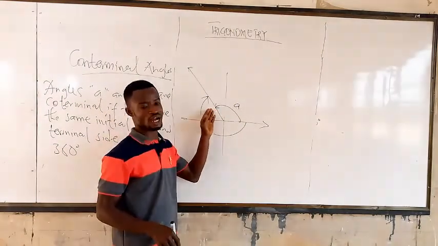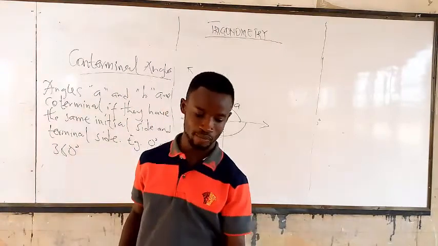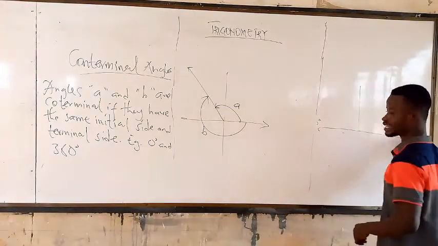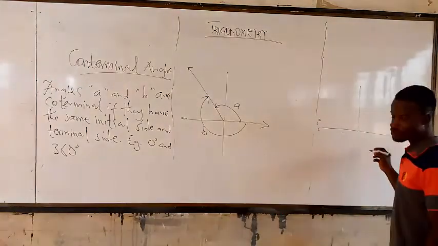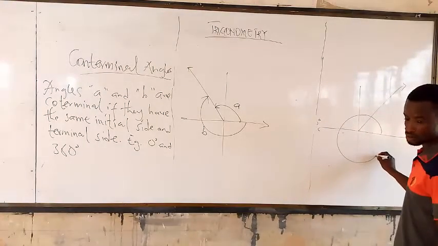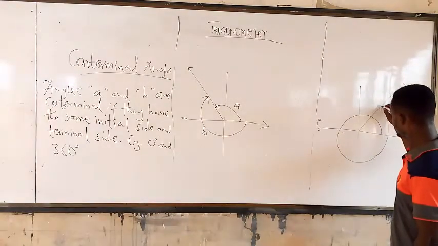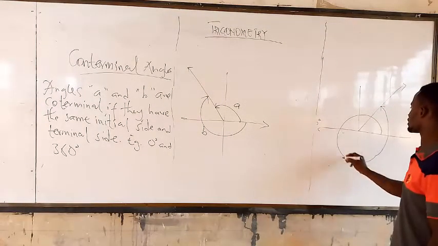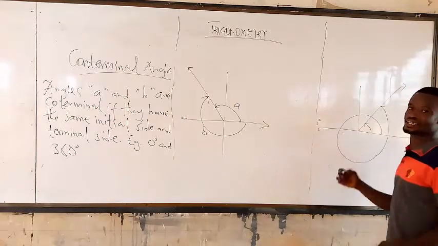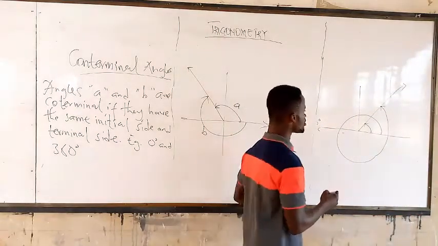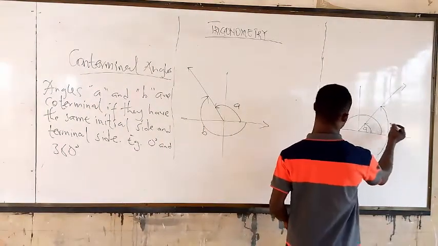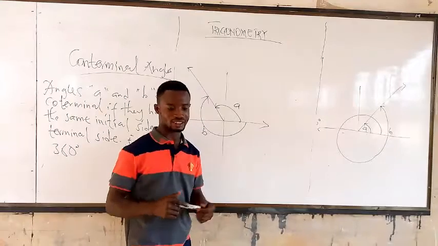We can also have something like this. The angle from here to this, and the angle from here to here, no matter the value, it is still coterminal.